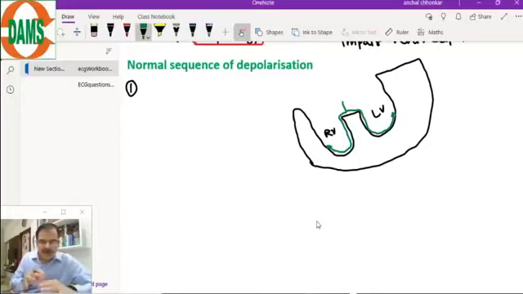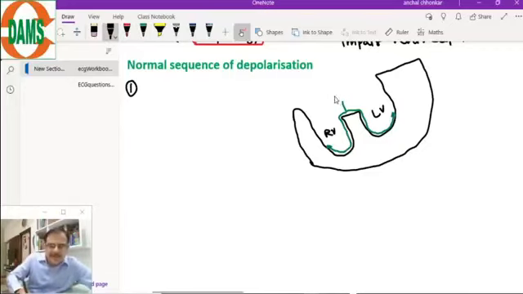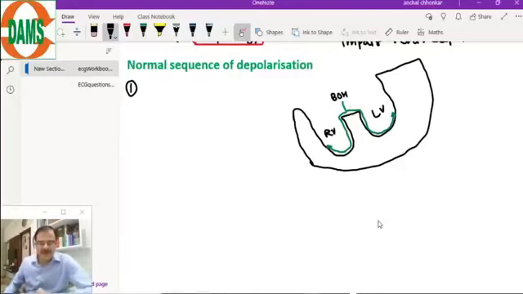Look at this coronal section. I have made a coronal section of the heart to understand the normal sequence of depolarization. Here is the impulse coming from the bundle of His, and the green color is the conducting pathways, the Purkinje system.